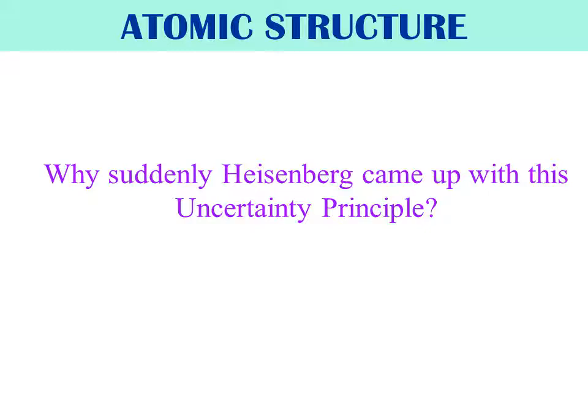Was Heisenberg mad? What forced him to suddenly propose this sort of uncertainty, a lack of certainty? There are some principles or laws or hypotheses like this. What compelled him to do so?